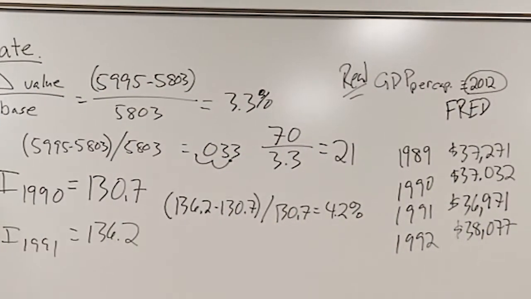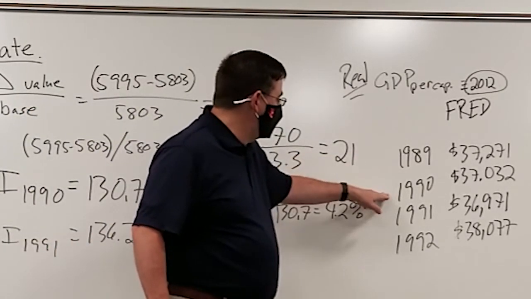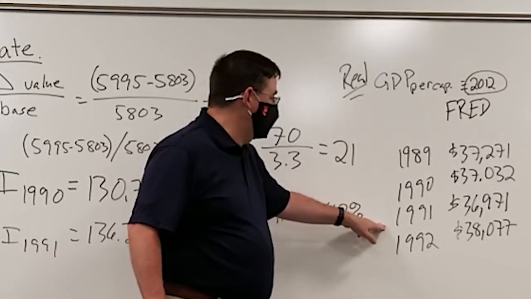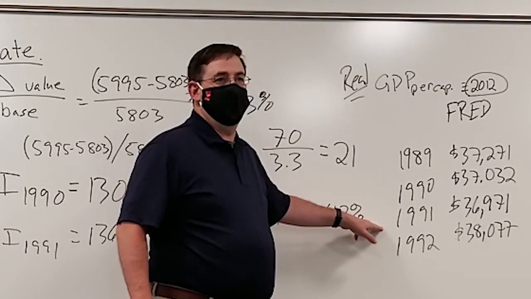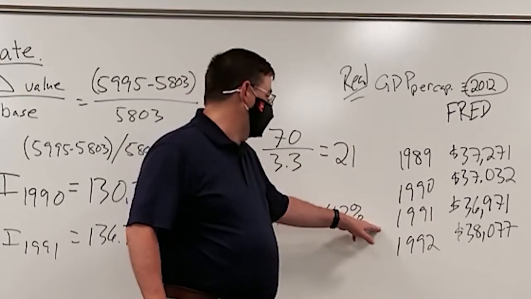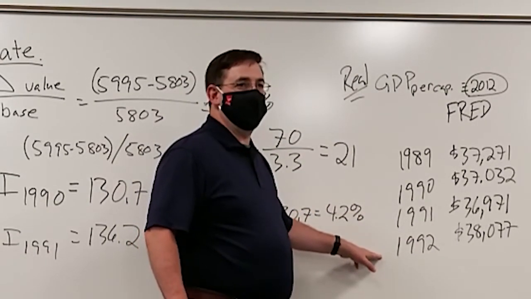So what can you tell me? Well, from 1989 through 1990 and 1991, real GDP per capita was going down. People were being made worse off during that time period until we get to 1992 when it goes up again.